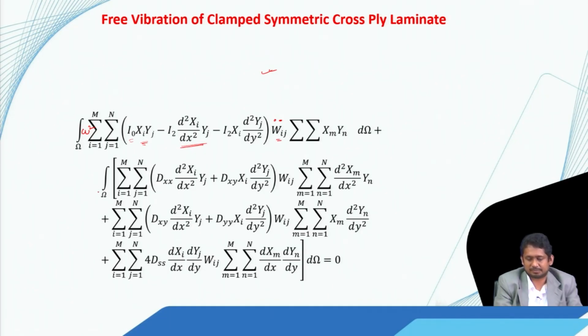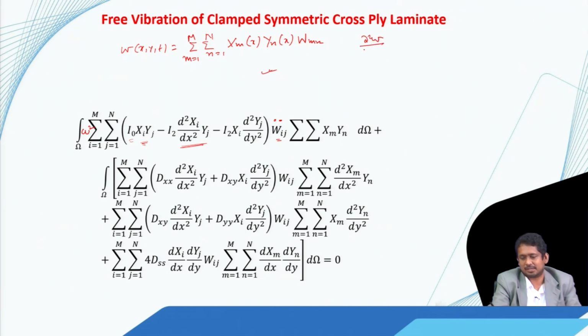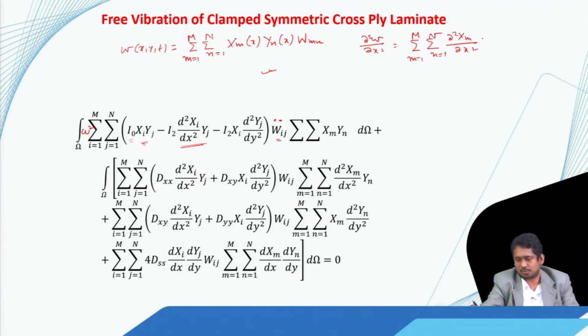We know that if w as a function of x, y, t is equal to summation of n equal to 1 to N, m equal to 1 to M, X_m Y_n into W_mn, then this tells me that del 2 w by del x 2 is equal to the summation over n and m of del 2 X_m by del x 2 into Y_n into W_mn.